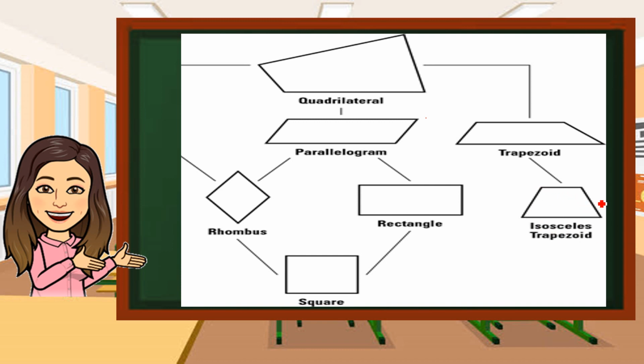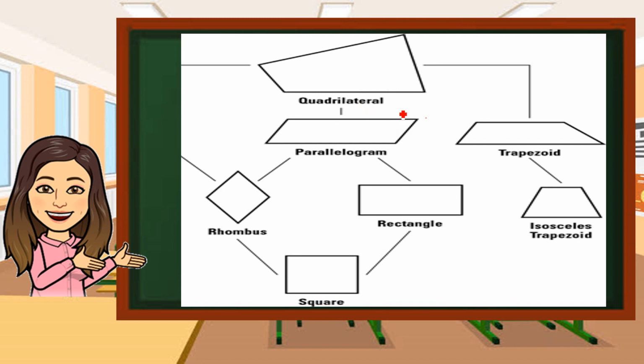So, class, if you see a trapezoid with non-parallel sides that are congruent, it is classified as what? Isosceles trapezoid. Okay?